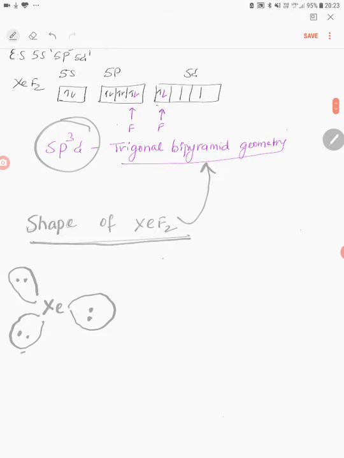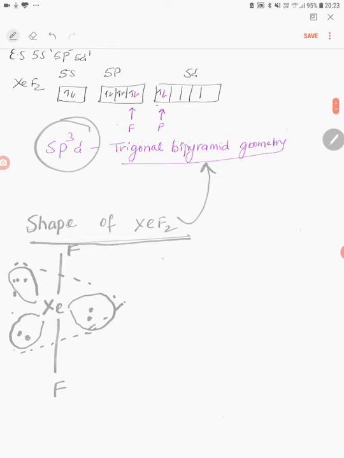So this can form a trigonal plane, something like this. And the bipyramidal can come like this, one fluorine here and the other fluorine here.